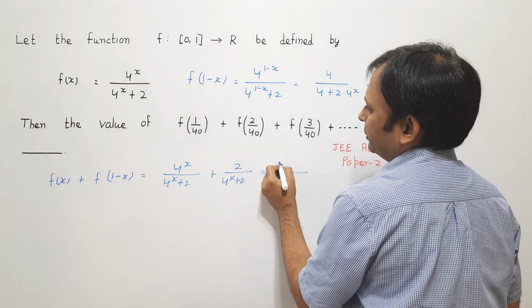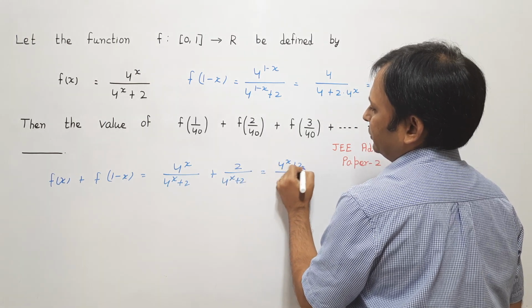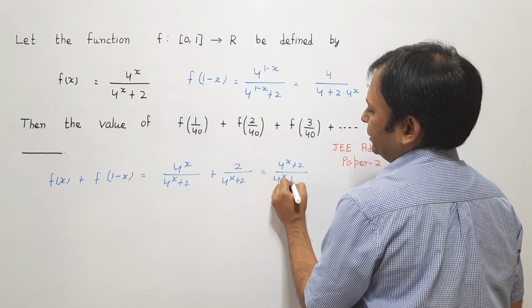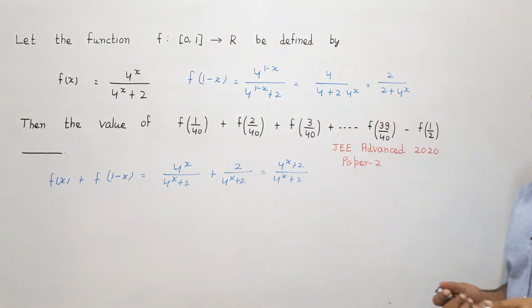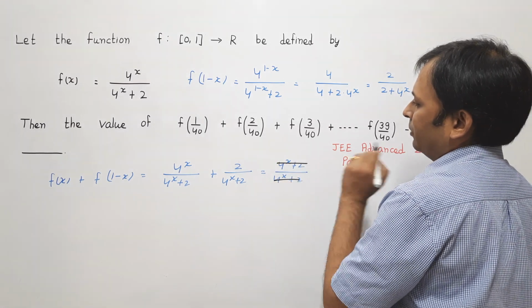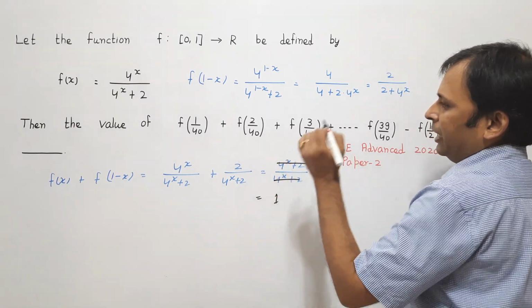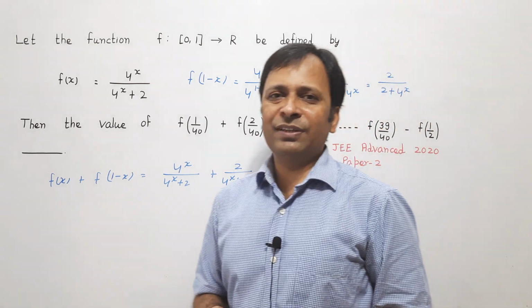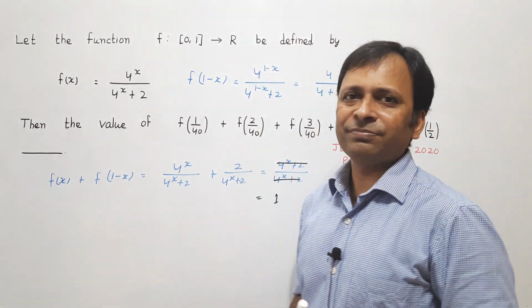So what we get is 4 to the power x plus 2 divided by 4 to the power x plus 2. So both numerator and denominator get cancelled out, and we get f of x plus f of 1 minus x is equal to 1.